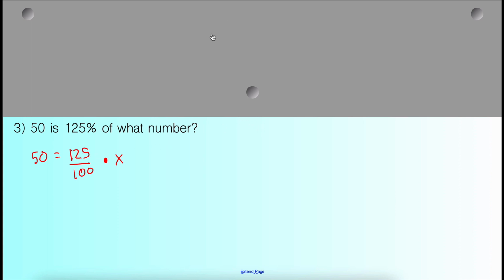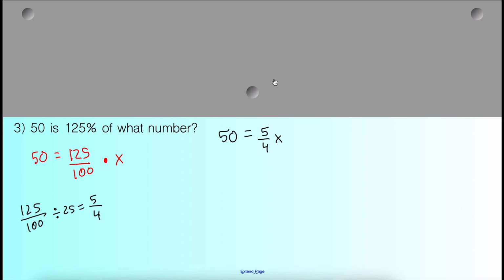I'm going to write it a little nicer over here. 50 equals, now the 125 over 100, to simplify that, I'm going to divide both of those by 25 to get it as small as I can. That would be 5/4. So this fraction can be simplified all the way down to 5/4. So as I rewrite this equation, I'm going to use 5/4 times x instead of 125 over 100 times x.